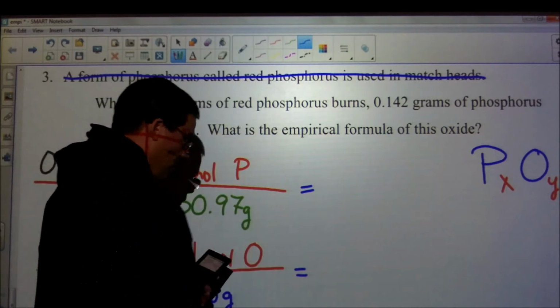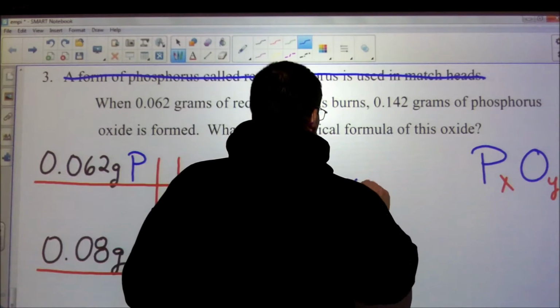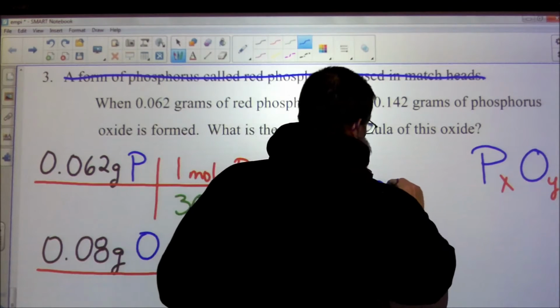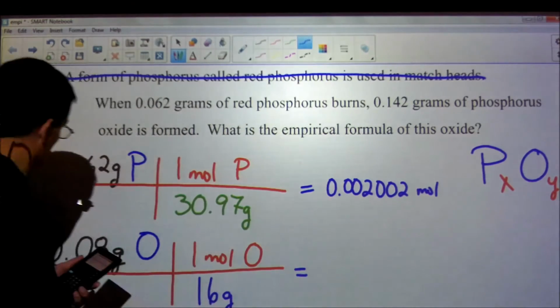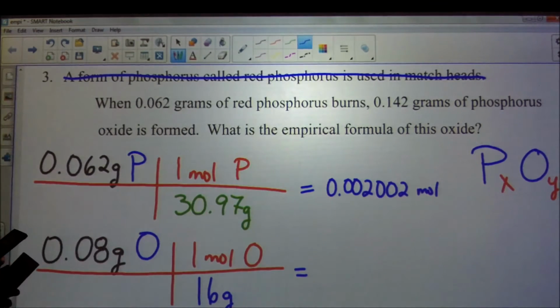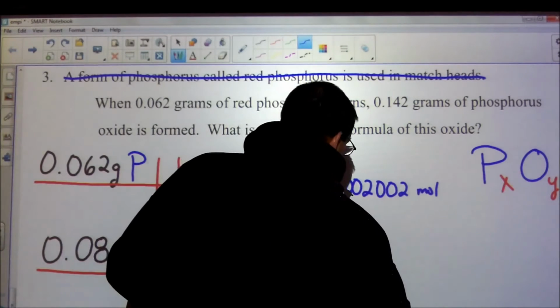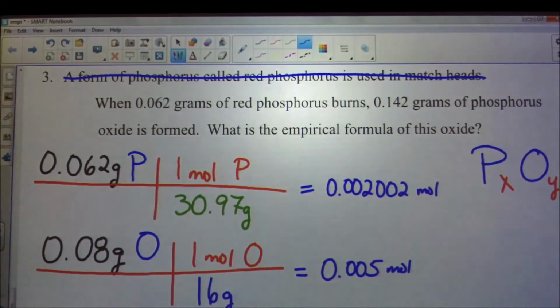For my phosphorus here, I have 0.002 moles. For the oxygen, I have 0.005 exactly.